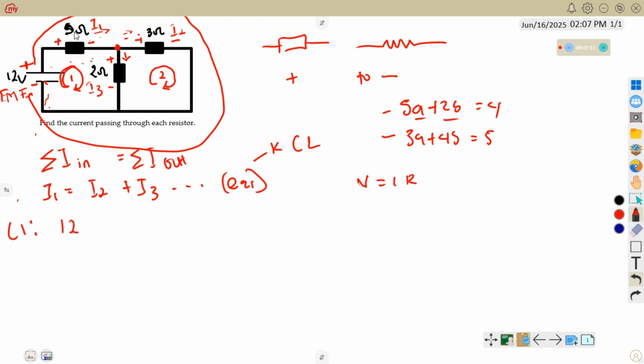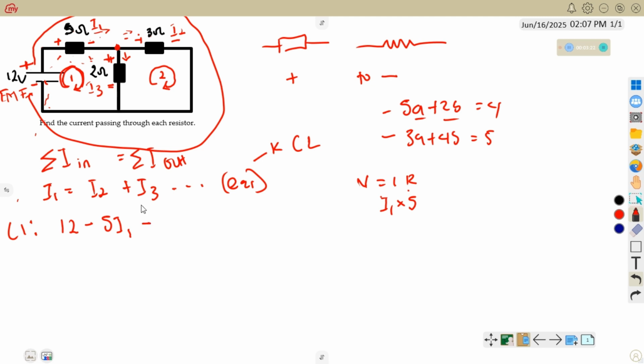Now we go to the 5 ohm resistor. It's going from positive to negative, ending on the negative, so the voltage for this resistor is going to be negative. Because V is equal to IR, with R as 5 and the current as I1, we have minus 5 I1. Then we come down to this one, coming from positive to negative, so it's ending on the negative.